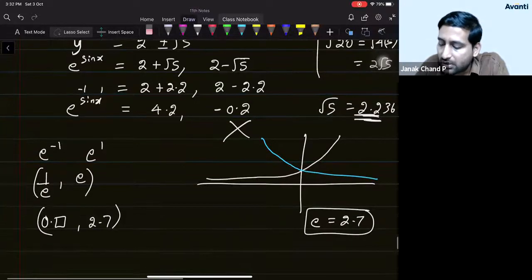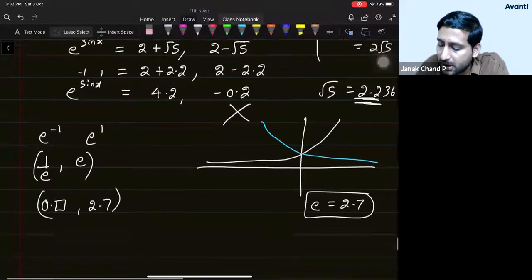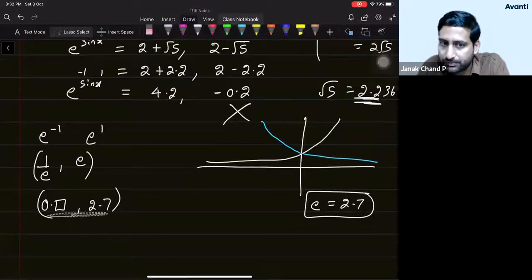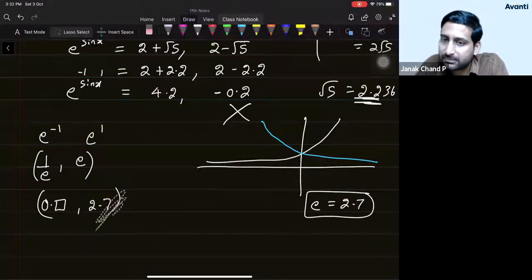So e to the power of sin x can surely give fractional values up to 2.7, but it cannot give a value greater than 2.7 or less than this value. And obviously this value is surely greater than 2.7, right?